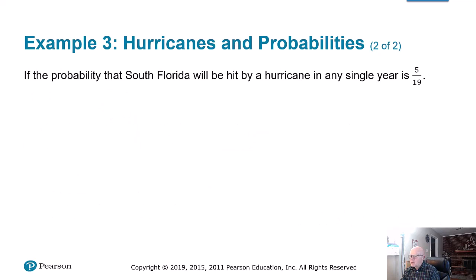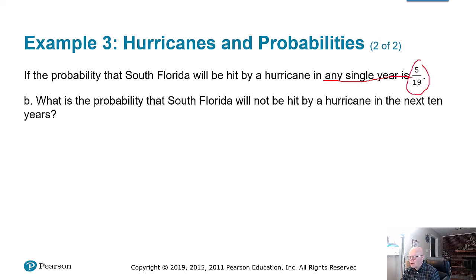How about the probability you'll be hit by a hurricane in any single year? It's 5 over 19. What do we want to know? What's the probability we will not be hit by a hurricane in the next 10 years? This sounds a little bit tricky, right?